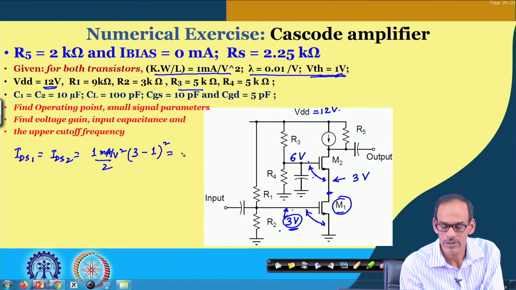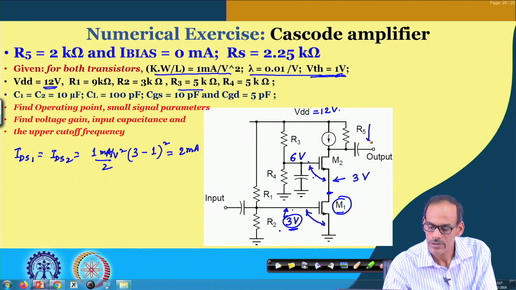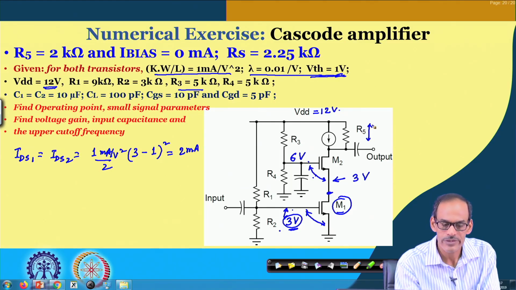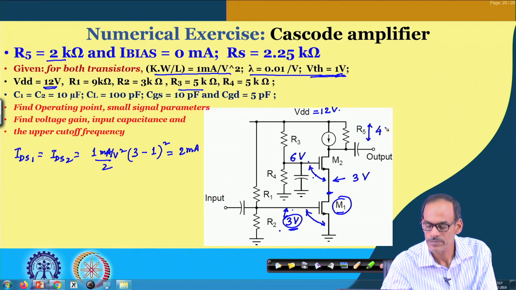So, here again it gives us a current of 2 milliampere. This 2 milliampere creates a drop across this R 5, which is 2 K. So, this is 4 volt.